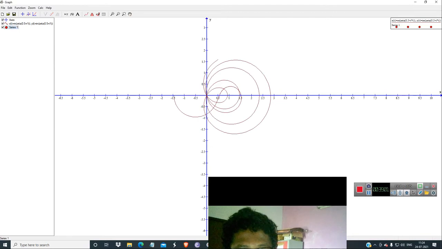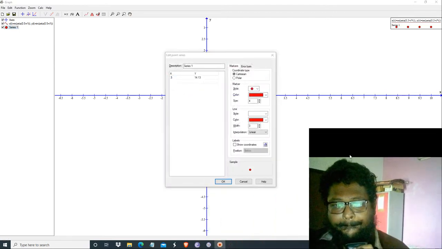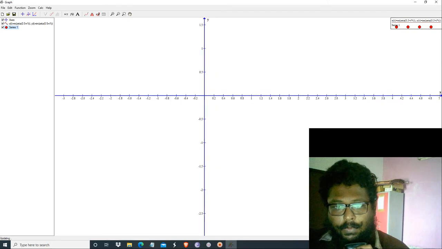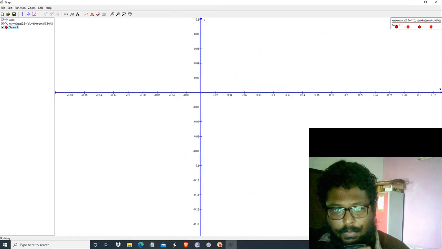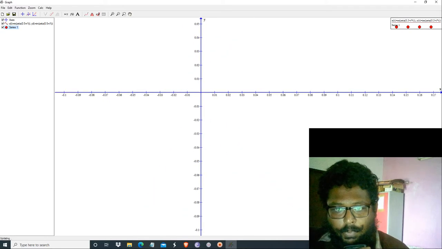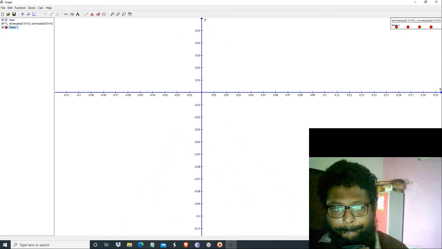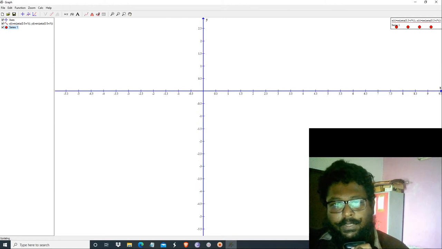Okay, and just get over here. So it is 0.5 into the zeros, 14.13. So in the y-axis it is 14.13.